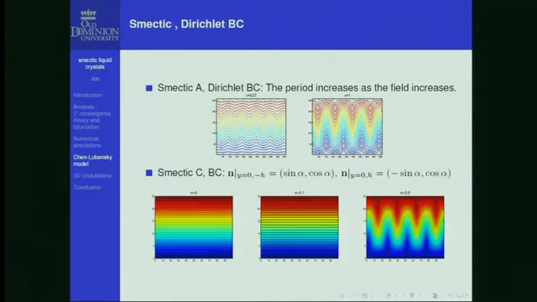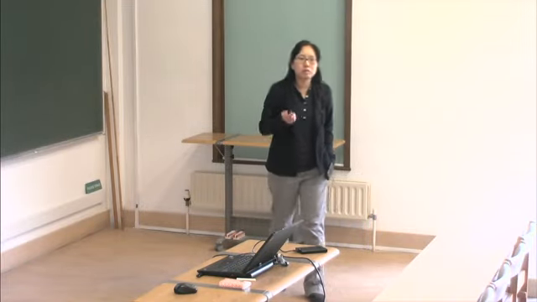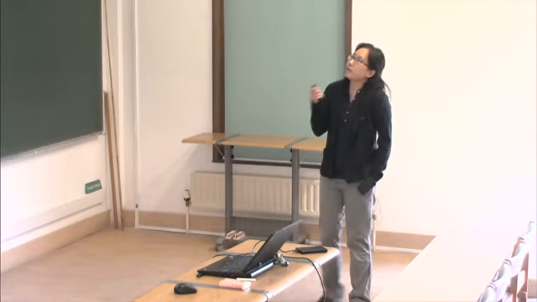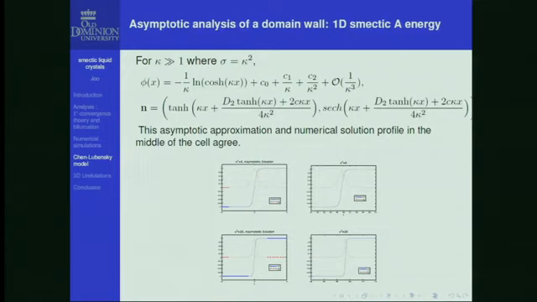But this is a 2-dimensional domain for smectic C, so it's just a Freedericksz problem. And then we do this asymptotic analysis to understand and match with our numerical simulation. So well above this critical field, this is our asymptotic analysis for the layer and the director.